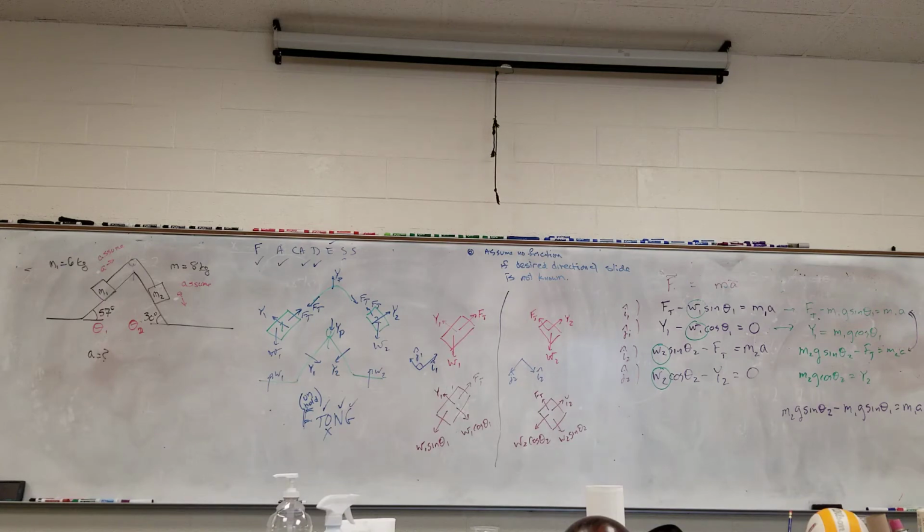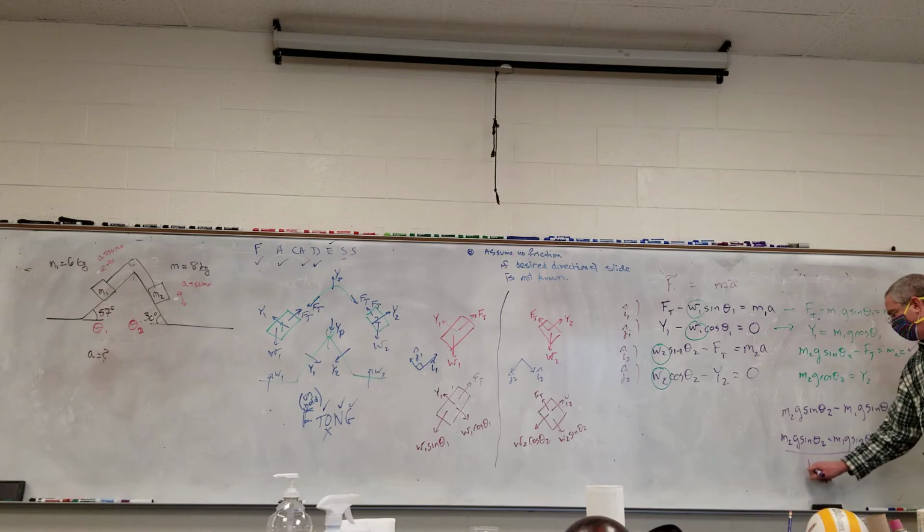And I'm solving for acceleration, so I have acceleration on one side, I can factor it out, and then divide, so I have M2G sine theta 2 minus M1G sine theta 1 divided by M1 plus M2 is equal to A. So now I have an equation for straight plug and chug.